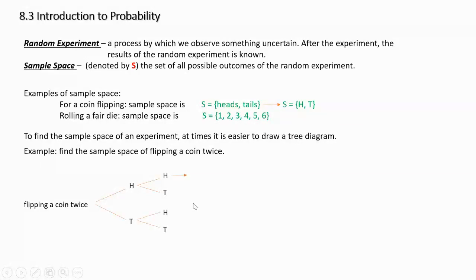So my sample space will be heads heads, heads tails, tails heads, and tails tails. There's my sample space, which would be the set S containing the elements HH, HT, TH, and TT. Now an event.